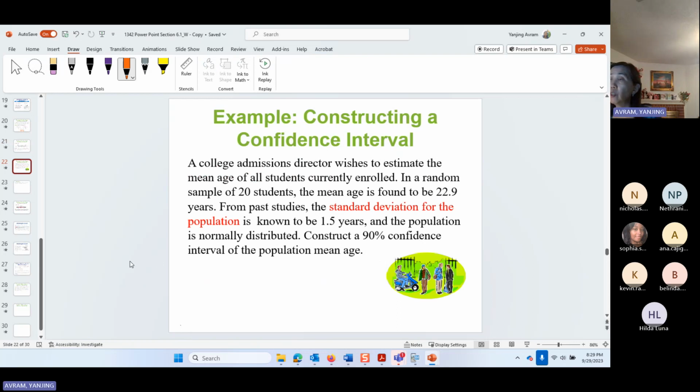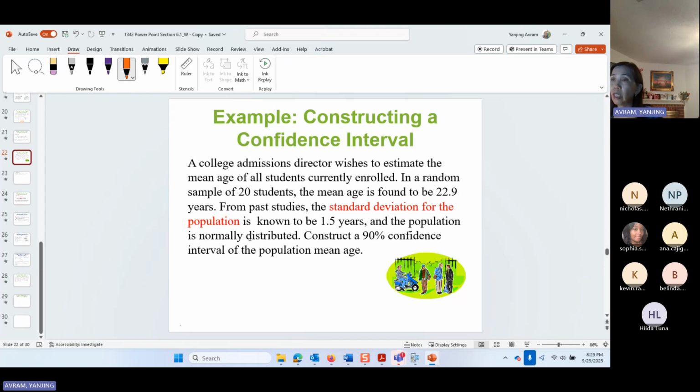All right, so let's look at this one right here. How do we do this one? That would be the key for this section: constructing a confidence interval. If a college admission director wishes to estimate the mean age of all students currently enrolled, in a random sample of 20 students, the mean age is 22.9 years.